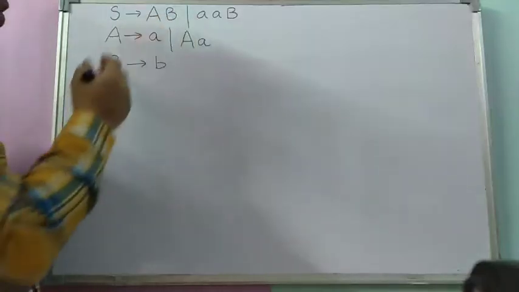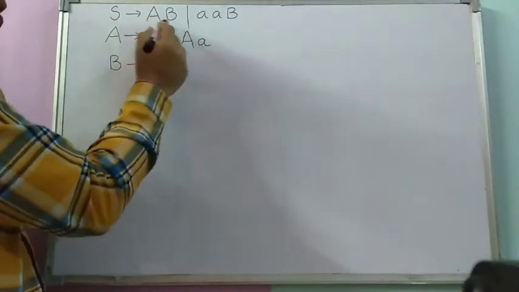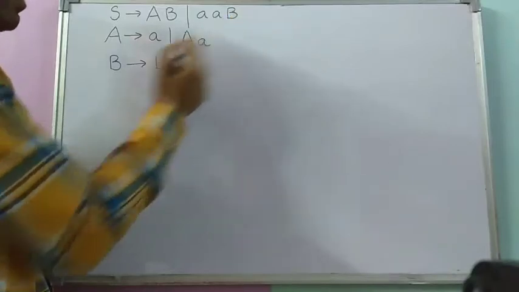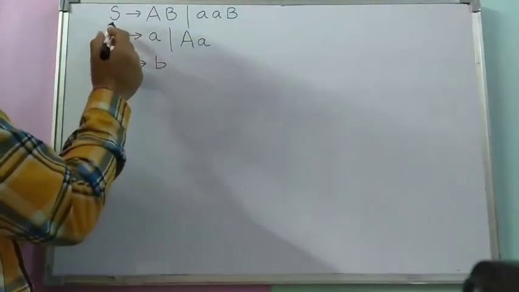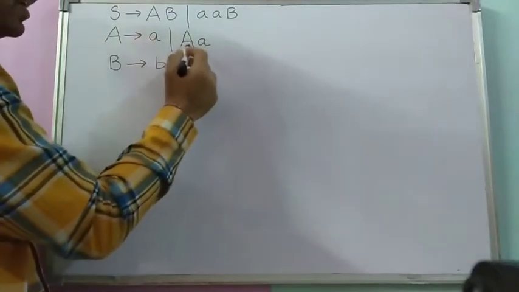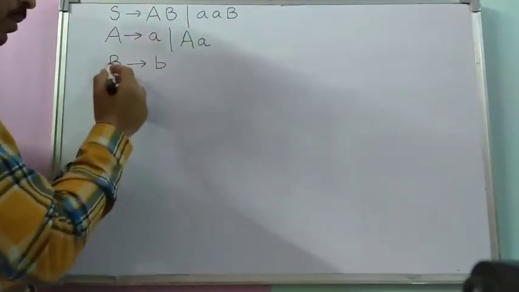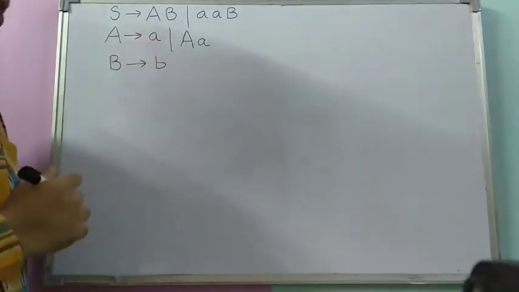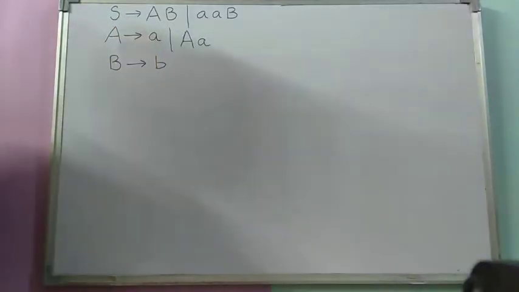Our given grammar is S → AB or S → aB. Another production is A → a and then A → Aa, and then the B production is B → b. So this is the grammar. Now we have to take a word in this grammar.